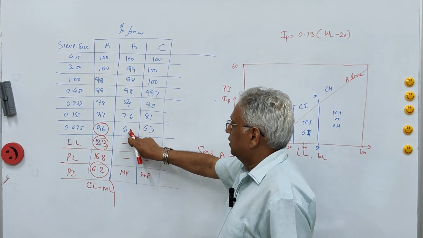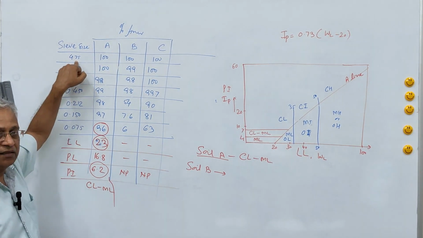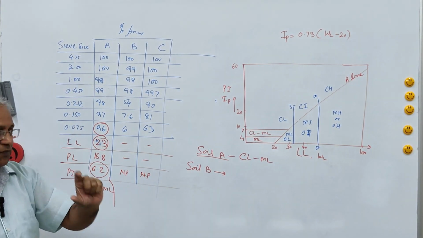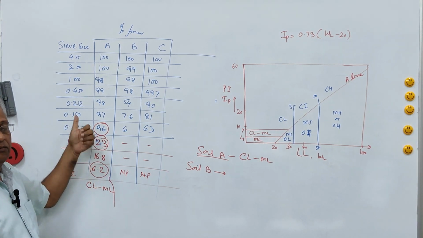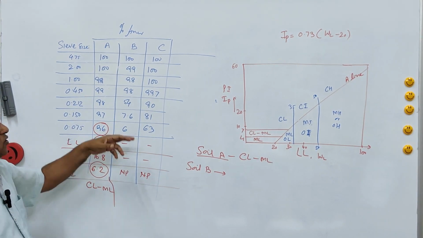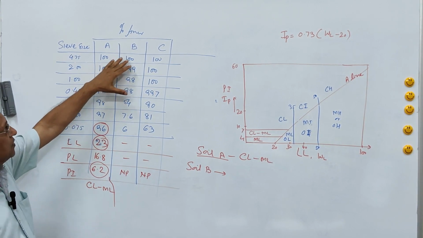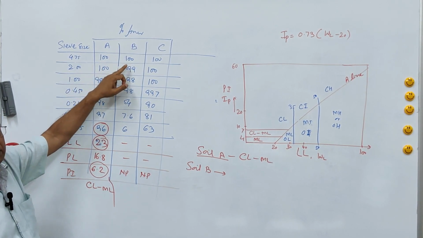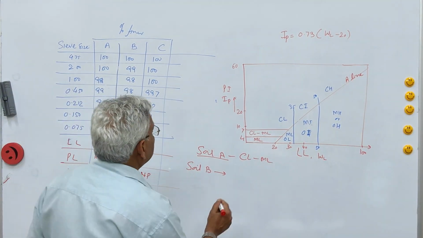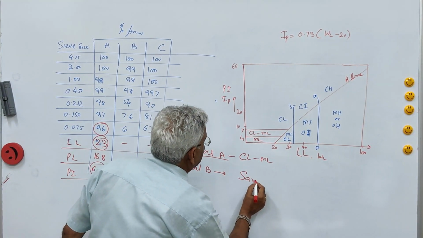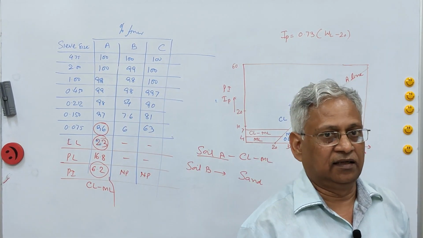Now again, if you consider the sieve size 4.75 millimeter, in case of gravel, more than 50% of the material retained on the 75 micron sieve should be retained on the 4.75 millimeter sieve. Now here 100% is passing through 4.75 millimeter sieve. Therefore, it is not gravel. It is sand. Coarse grained material but not gravel, sand.